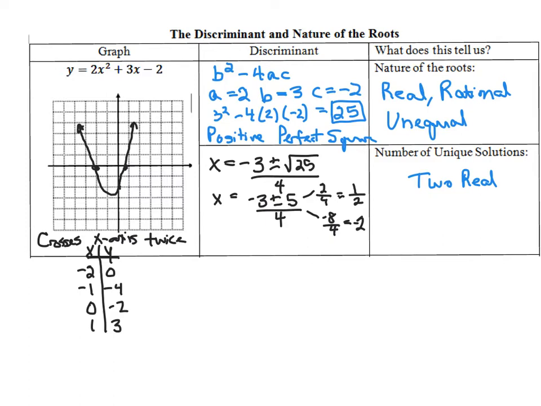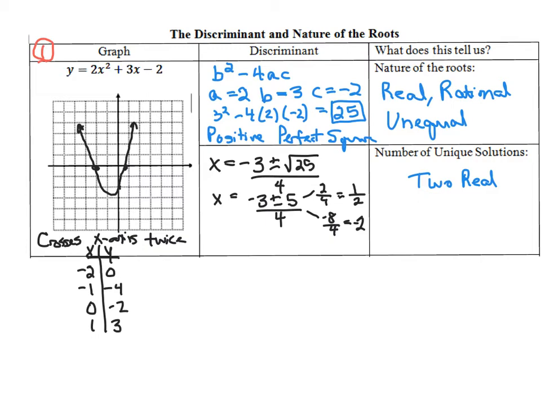Whether I look at the graph and see that my graph is crossing twice, or whether I look at the discriminant and see that the discriminant is a positive perfect square, or when I solve for the roots, I also see that the two answers are unequal, but they're real and rational. This is going to be scenario number 1. So when I have a positive perfect square discriminant, all of these pieces have to fit together.